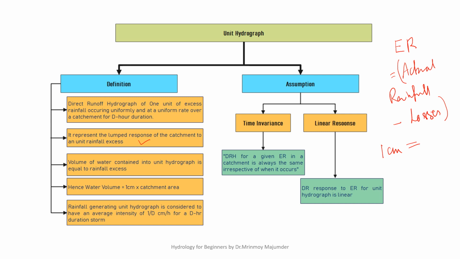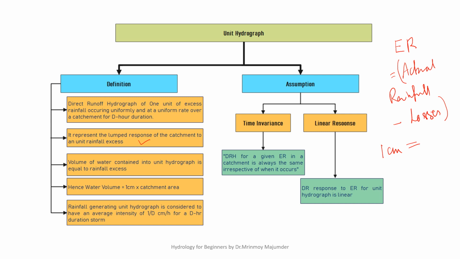And also the volume of water contained in 1 unit hydrograph is equal to rainfall excess. So that is a known fact, because in the earlier presentation also we have said that if you multiply catchment area with the area of excess rainfall hydrograph, then you will get the volume of water stored in the direct runoff hydrograph.